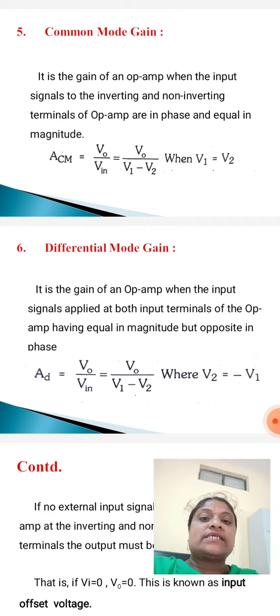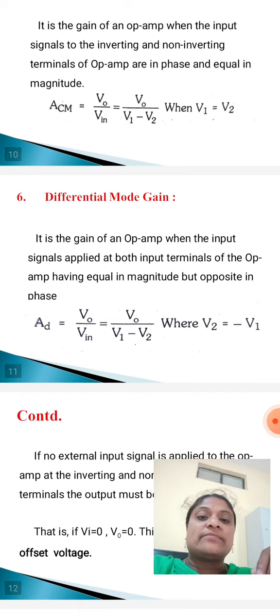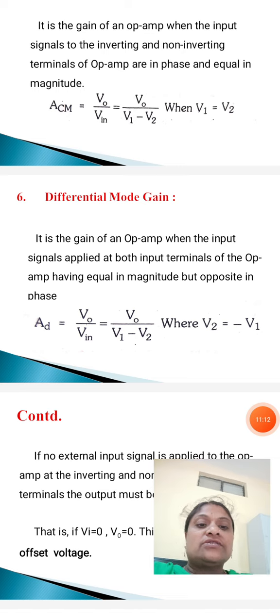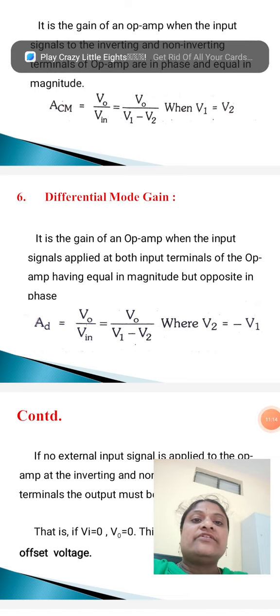It is denoted by capital AD. A means gain, and since this is differential mode, it is AD.